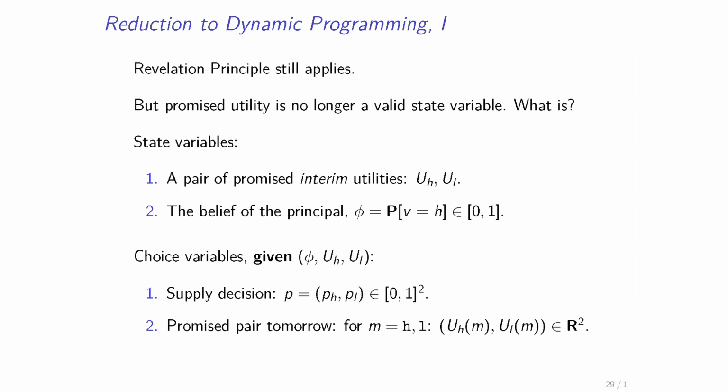Given the state variables psi, UH, and UL, the principal will decide the probability of supplying the good today conditional on the agent's report, H or L. And also, he will decide a pair of promised utilities for the agent from tomorrow on, conditional on the agent's report, H or L.